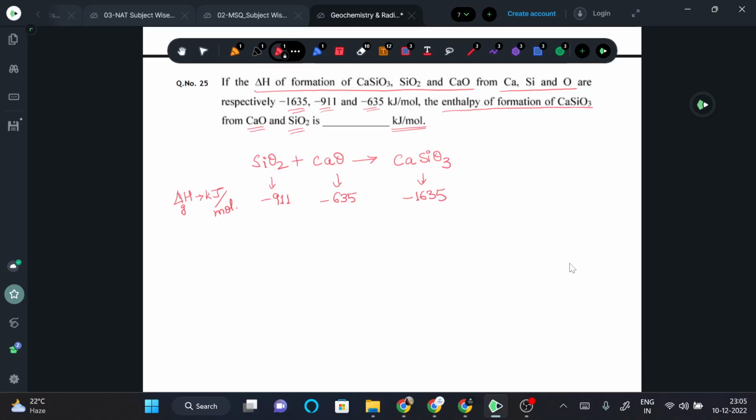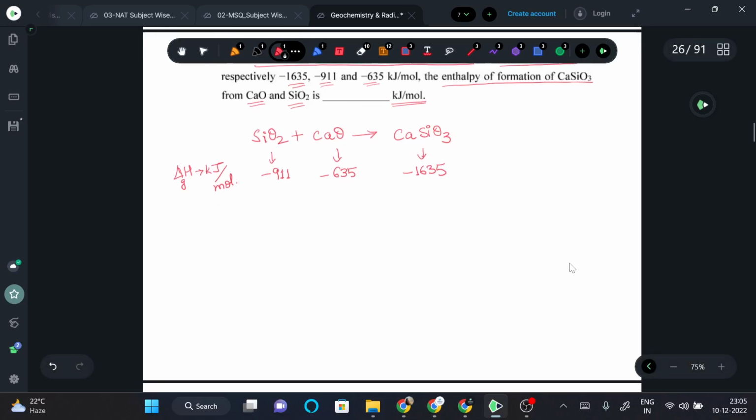So what is the enthalpy of formation or enthalpy of reaction? Delta HR, enthalpy of reaction or formation, these two are the same actually. Because it is the formation of CaSiO3 and it is forming through a reaction, the enthalpy of reaction and enthalpy of formation are the same.